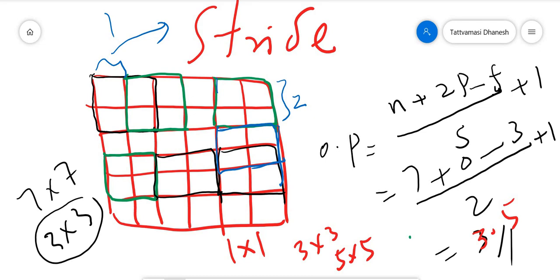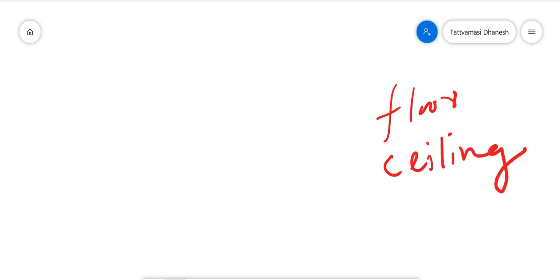At that time you can use the floor function. You might have heard of these mathematical functions, the floor and ceiling functions. There are two types of functions in mathematics: one is the floor function and another is the ceiling function. Here what we use is the floor function.